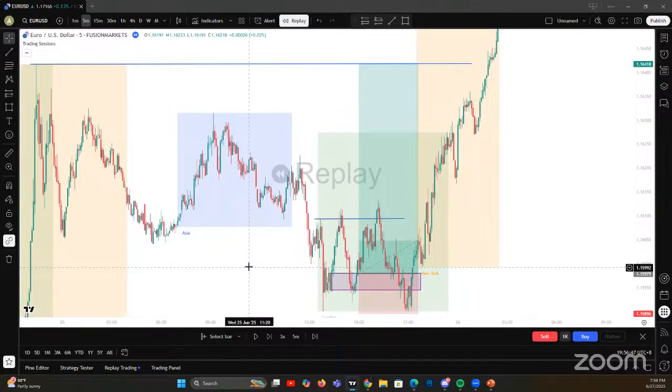Smart money. Now, this is the mastery of scalping. It's now in your hands, my friend. Use it as early as possible.